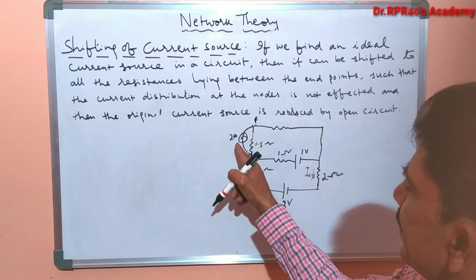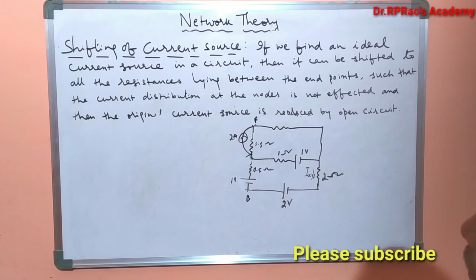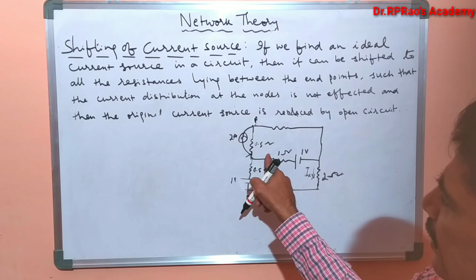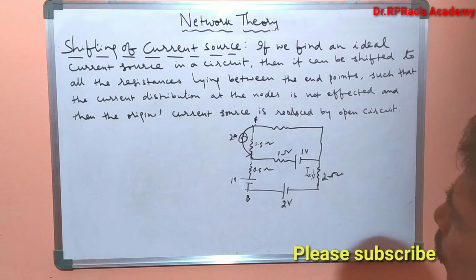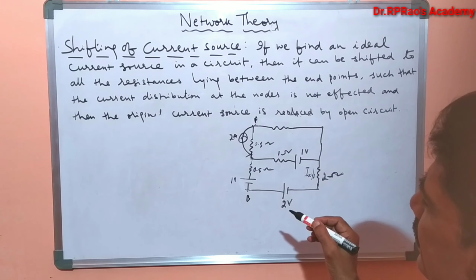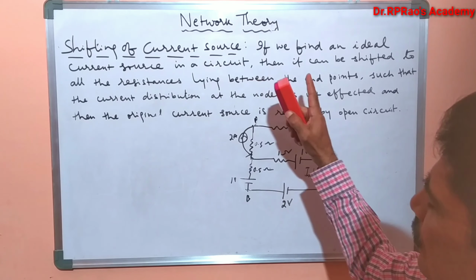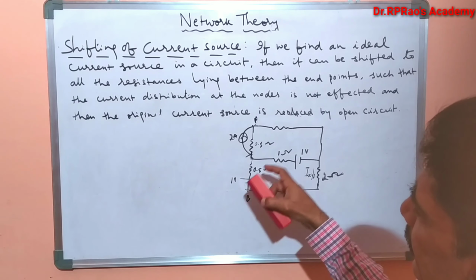So we have to replace this practical current source by a practical voltage source now. 2 into 0.5 is again 1 volt in series with a 0.5 ohms resistor, and the direction is upward, so the polarity should be like this here also.